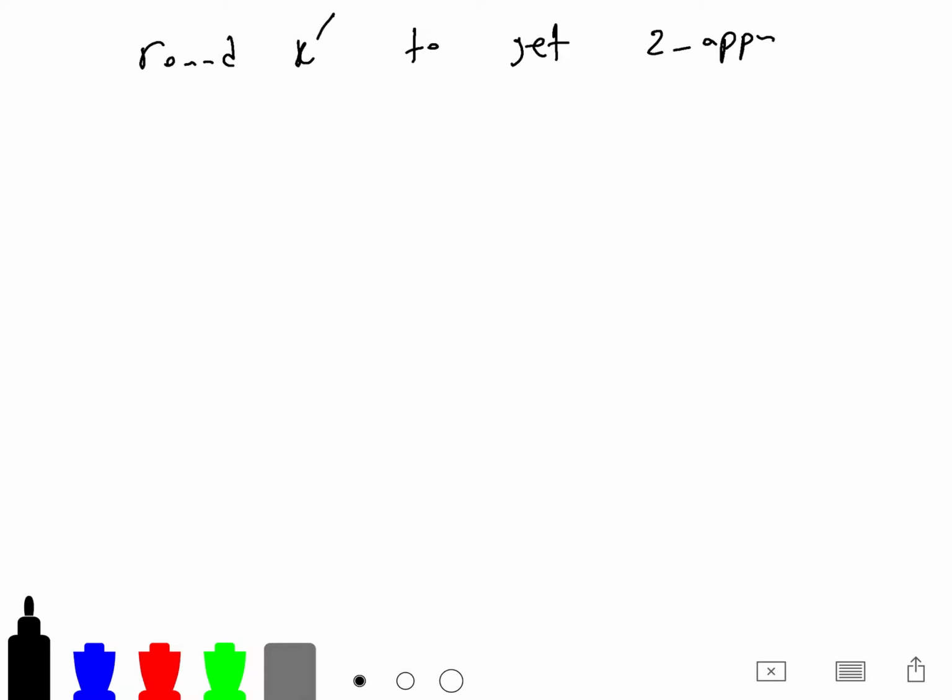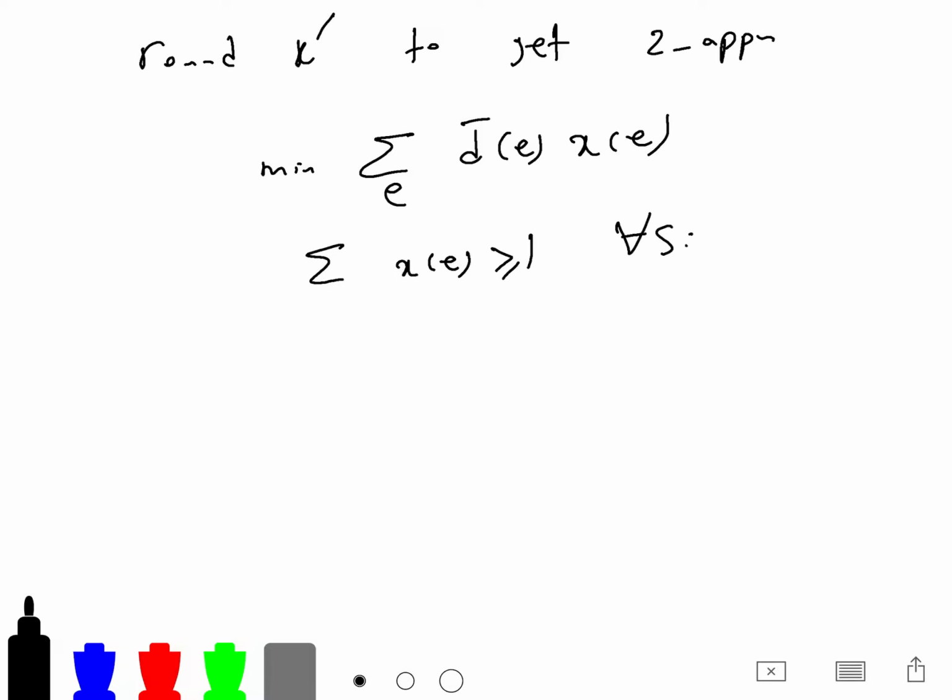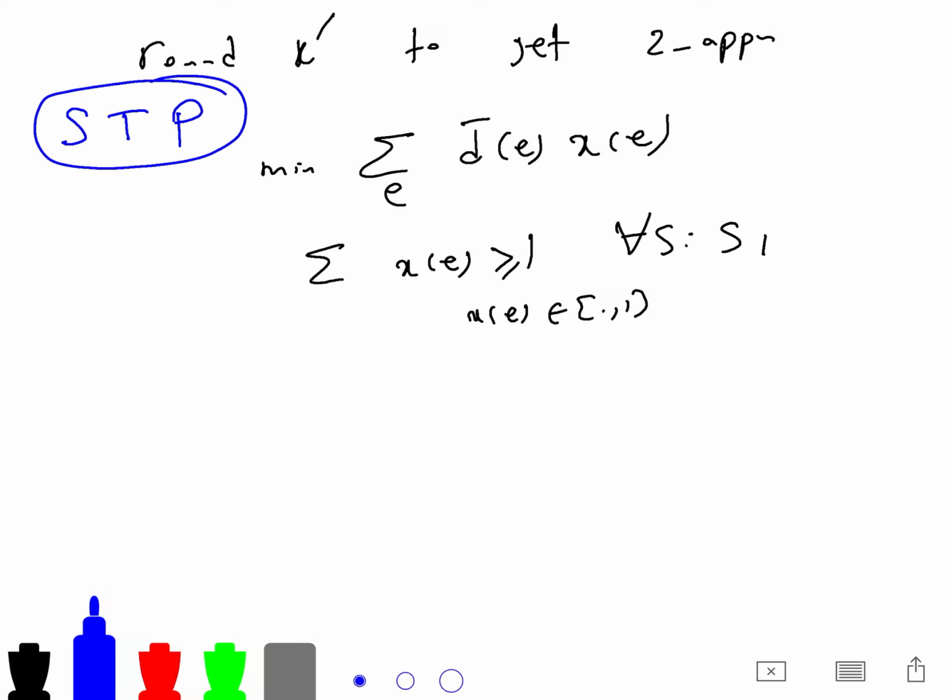So the Steiner tree primal is just the minimum of the sum of d bar of e x of e, such that x of e summed over edges crossing S is greater than or equal to 1 for any S which separates X, and x of e is inside 0 and 1. So this is the Steiner tree primal. And we use the technique of primal dual.